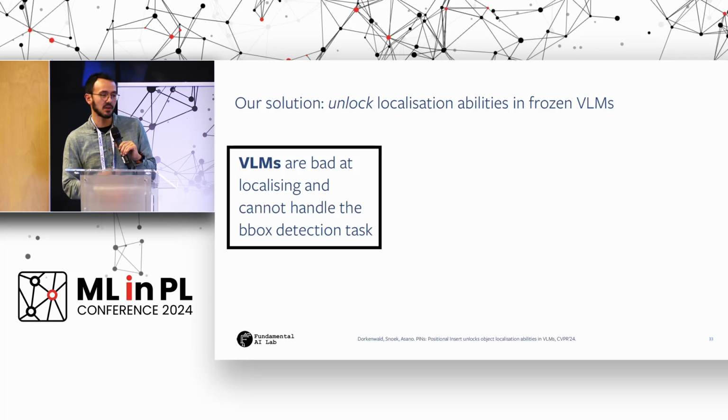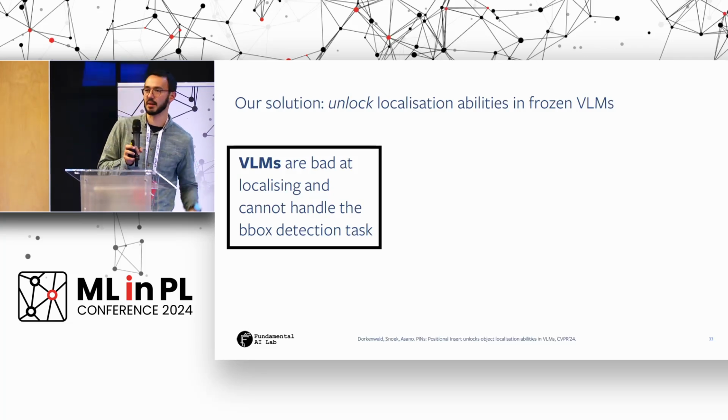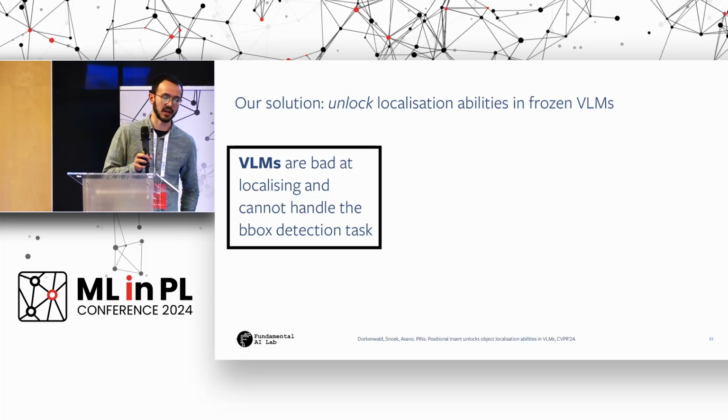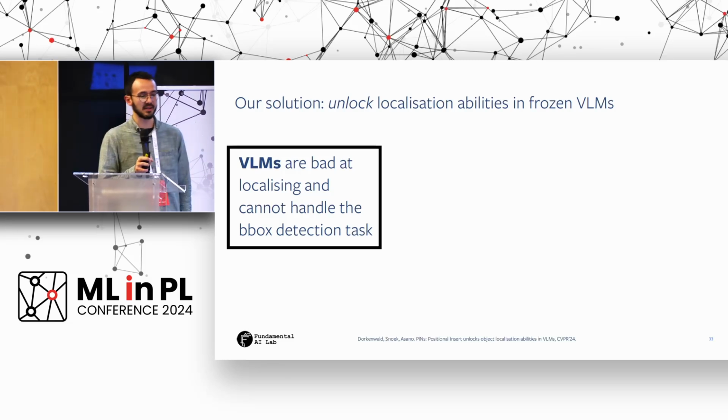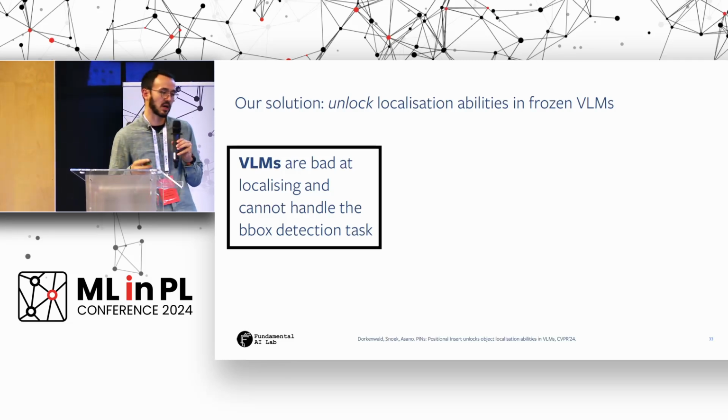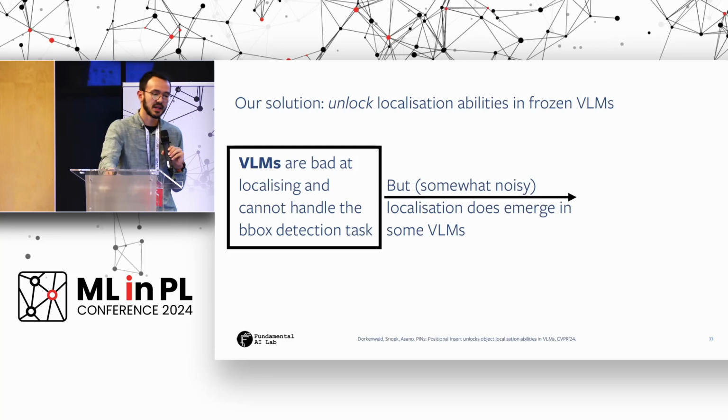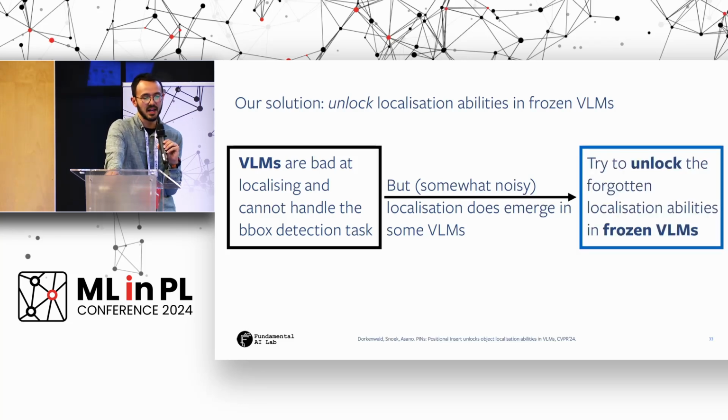But we argue that actually this ability is somewhat in the pre-training data already. So we just need to unlock these abilities in VLMs. And this is what we are trying to investigate. So can we somehow unlock the forgotten localization abilities? And this is sort of the hypothesis. Can we somehow make these VLMs, which apparently cannot solve the task?